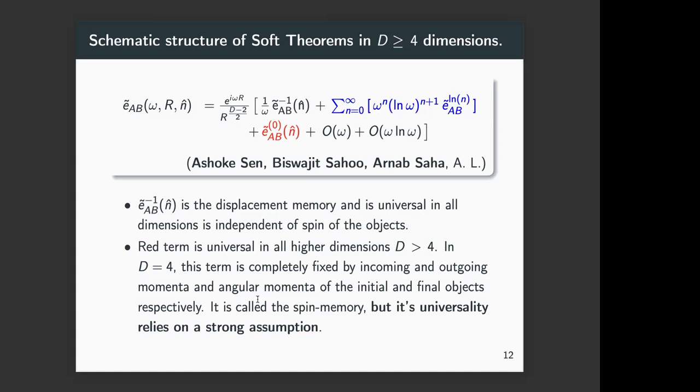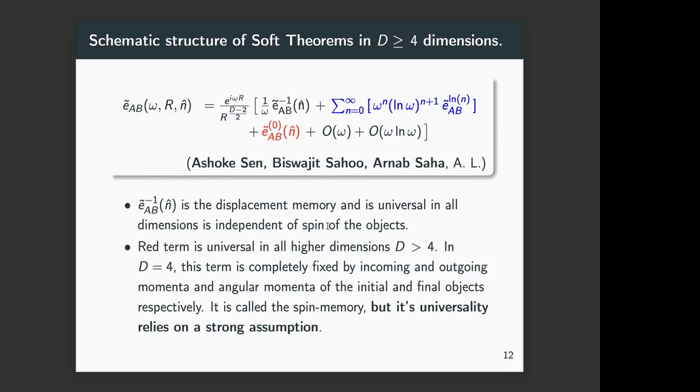For any D greater than or equal to 4, the expansion starts at 1 by omega, and then there are these logarithmic terms which I've indicated in blue, and then there is an omega to the 0 term which I've indicated in red, and then there can be terms which are polynomial in omega, or terms which are not of the form omega to the n log omega to the n plus 1, but of the form omega log omega, at higher order.